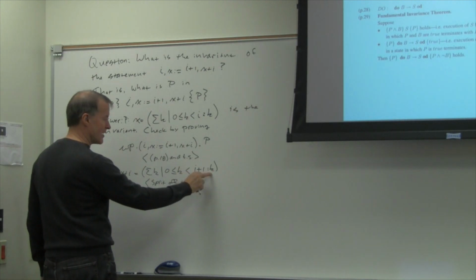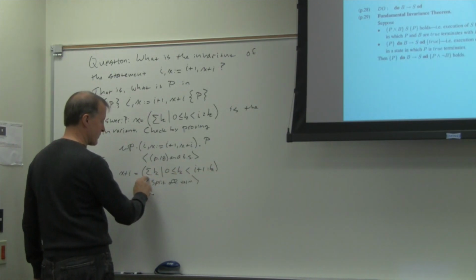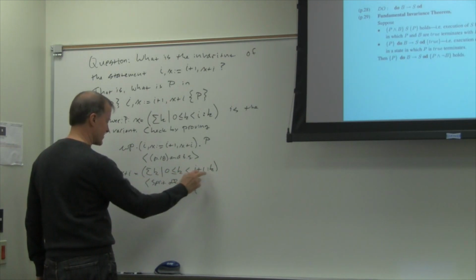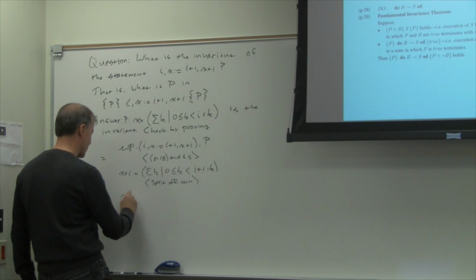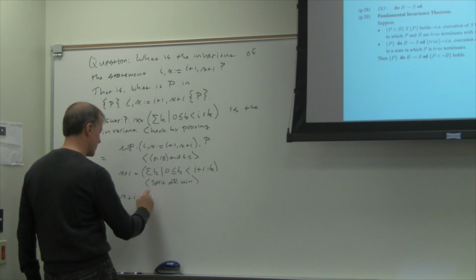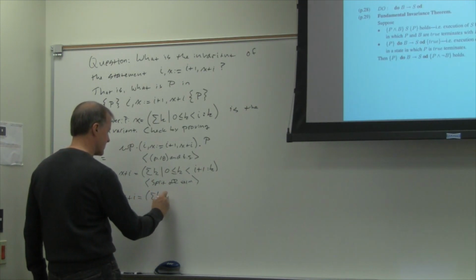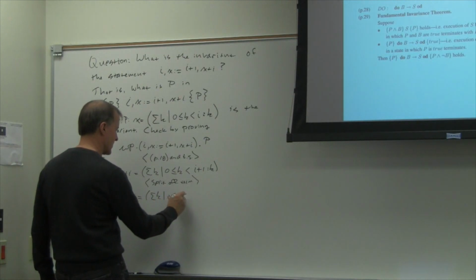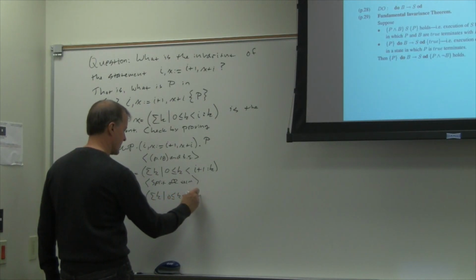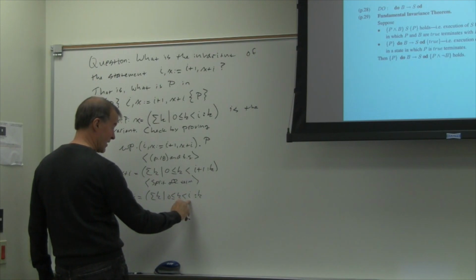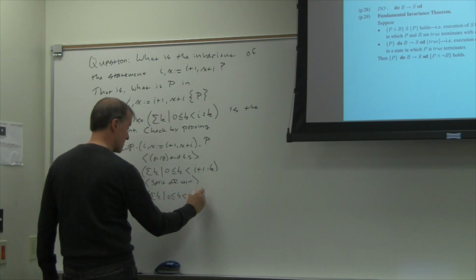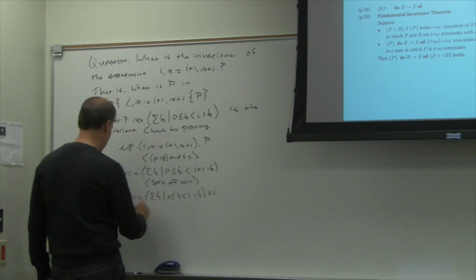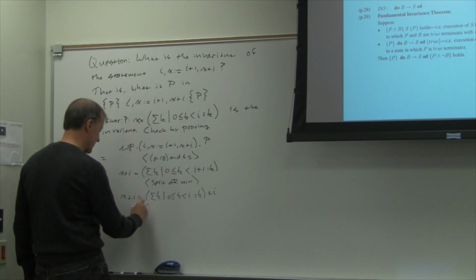So the last term is I. So it's going to be x plus I equals sum on k, 0 less than or equal to k less than I, body k, and then the term that was split off was plus I.